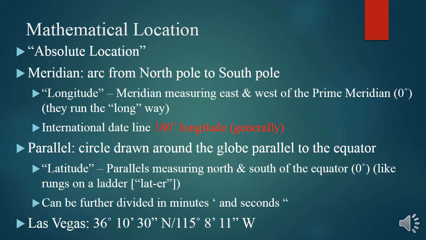These can be further divided, right? Both lines of longitude and latitude into minutes, shown with an apostrophe, and seconds, shown with the quote symbol. And you would do this to give yourself an even finer level of detail on your actual location.